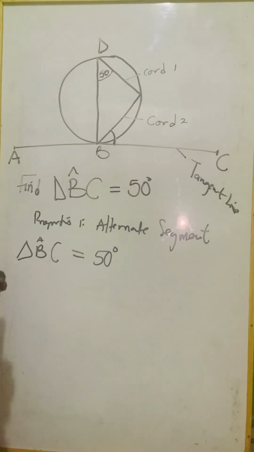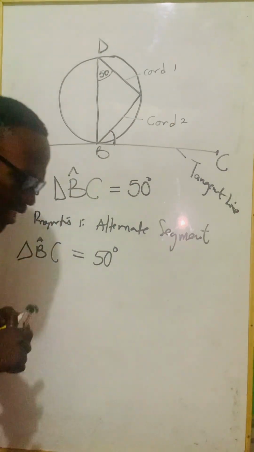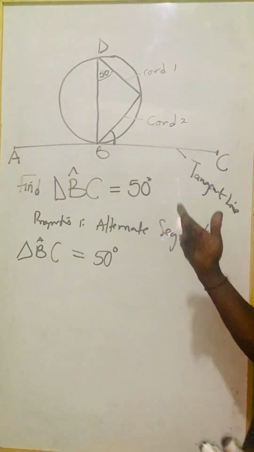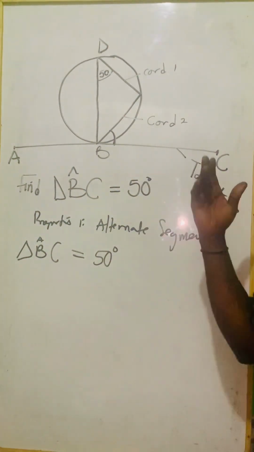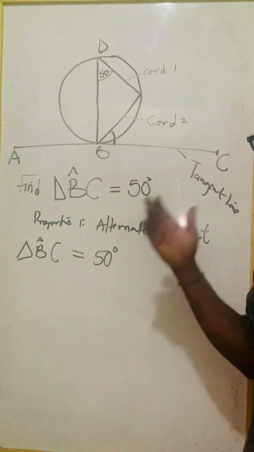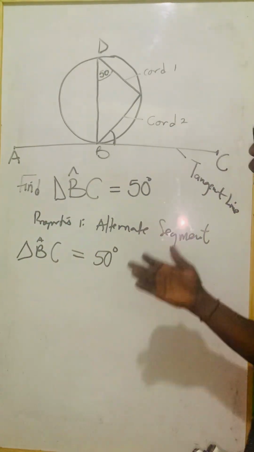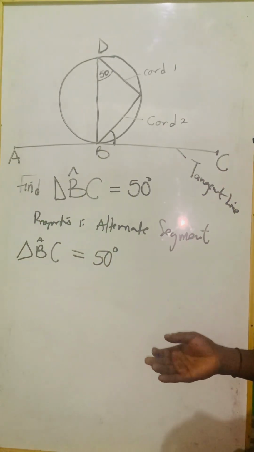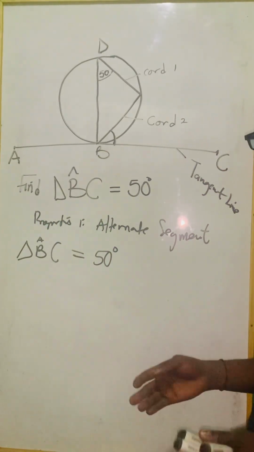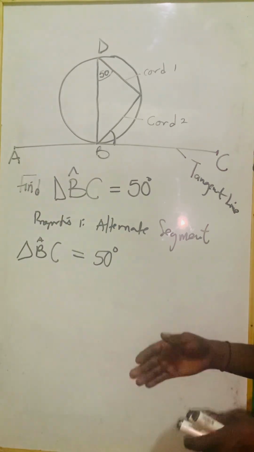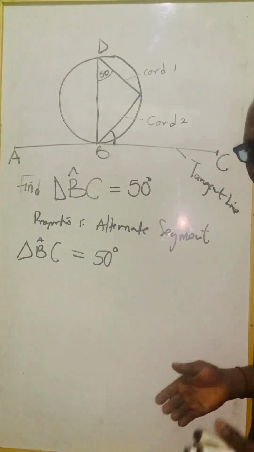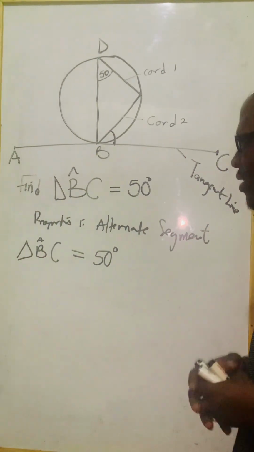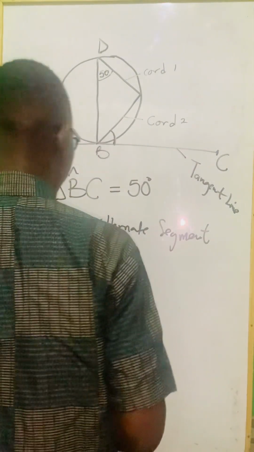It's as simple as that. You don't need to do any calculation here. You look at the position of the angle, the position of the segment line, and you look at your chords. The chord can be 1, then you have your answer. The chord could be 2, it doesn't matter. All you need is to employ all the principles and properties governing circle theorem, and you should be able to solve these kinds of problems easily.